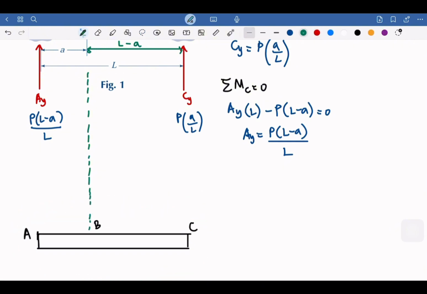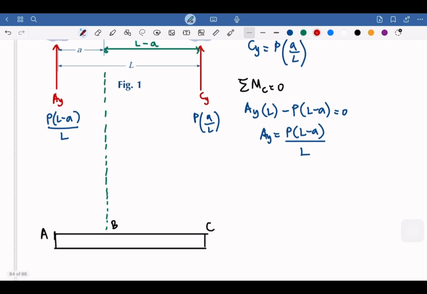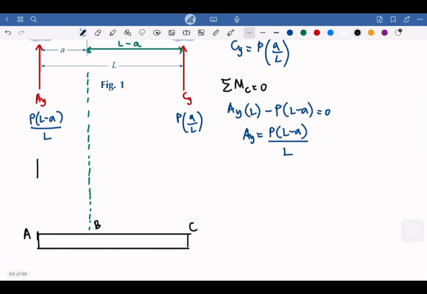So first, this is going to be the axis, and let's name the axis V of x. And this is the x-axis.